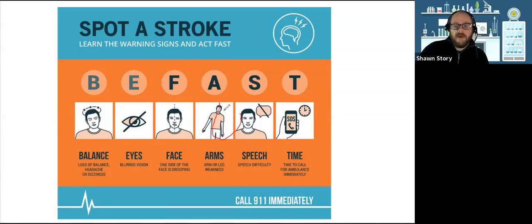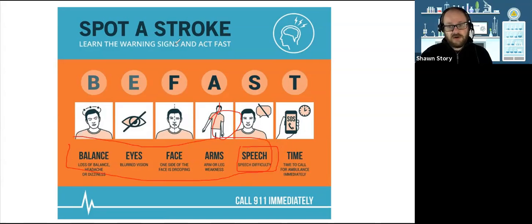One side of their body might become really weak. Their speech might get really garbled and they feel like they don't have language anymore, because that's a part of our brain too. And if any of these things are happening, they're often warning signs of a stroke, that the brain isn't getting the blood flow and the oxygen that's needed.